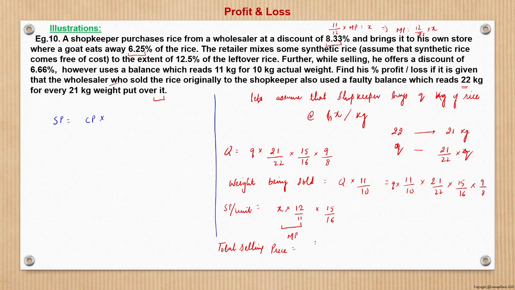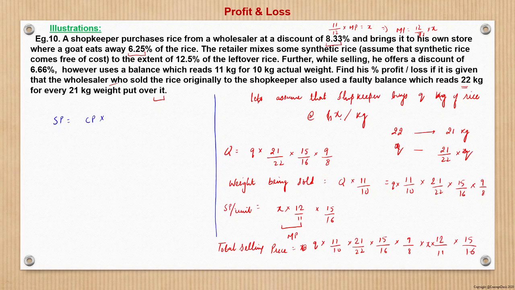So that is nothing but Q into 11 by 10 into 15 by 16 into 9 by 8, this is the quantity term, and this is the price term, into X into 12 by 11 into 14 by 15. So this is the total selling price.